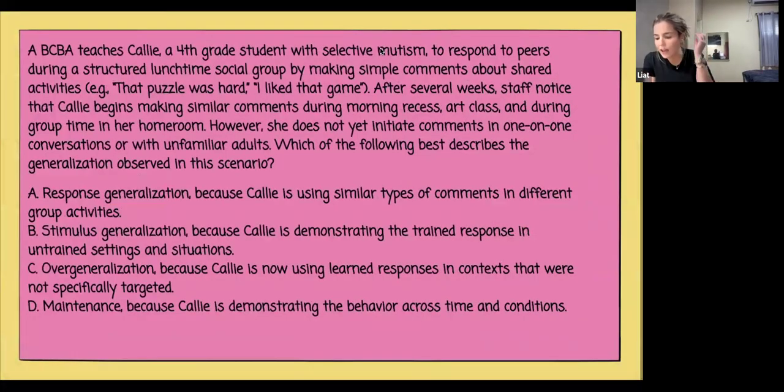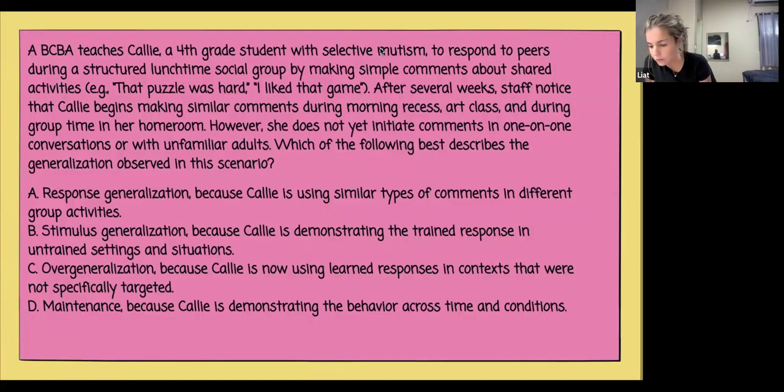A BCBA teaches Callie, a fourth grade student with selective mutism, to respond to peers during a structured lunchtime social group by making simple comments about shared activities, such as "that puzzle was hard" or "I like that game." After several weeks, staff noticed that Callie begins making similar comments during morning recess, art class, and during group time in her homeroom. However, she does not yet initiate comments in one-on-one conversations or with unfamiliar adults. Which of the following best describes the generalization observed in this scenario?